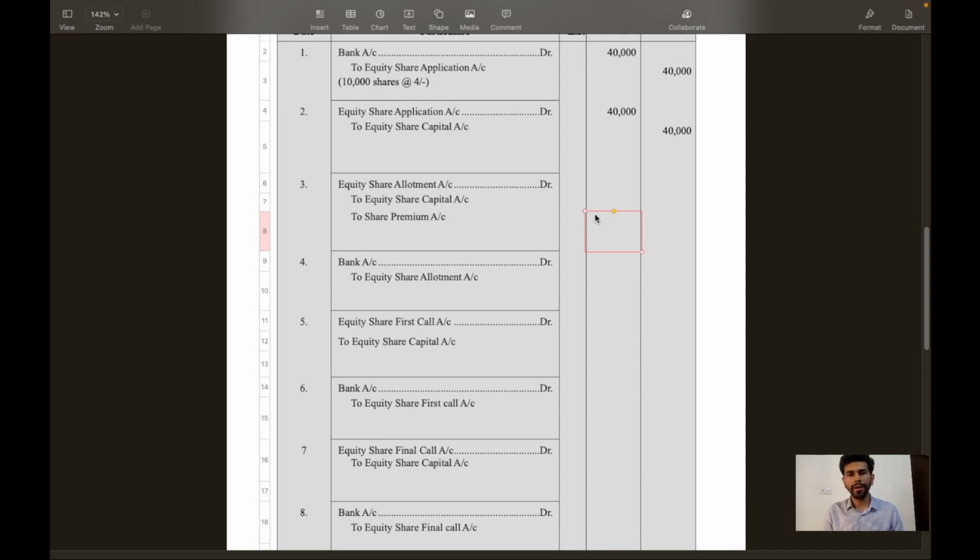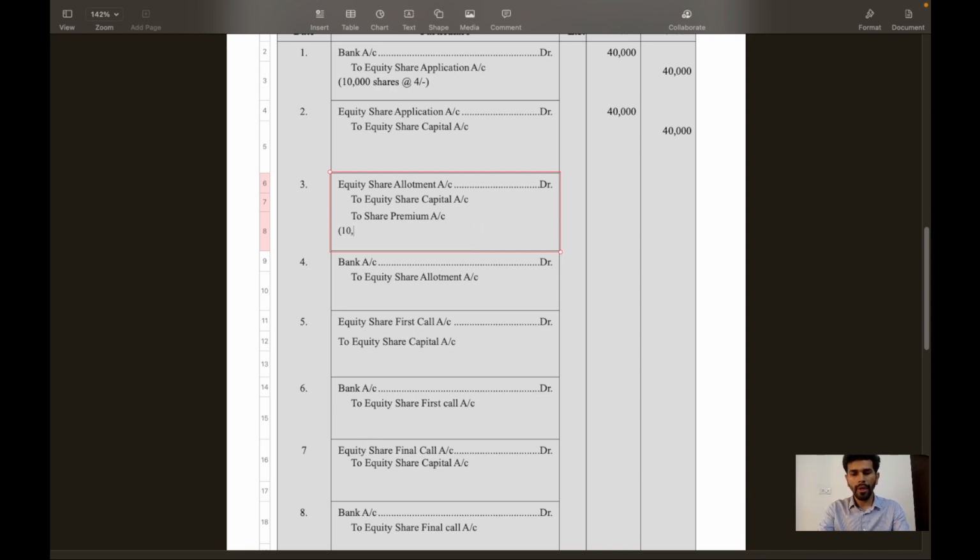Next journal entry on allotment. Allotment money is 4 rupees and 2 rupees of premium is included. So entry will be equity share allotment account debit to equity share capital account and share premium account, because premium of 2 rupees is included in the allotment money.